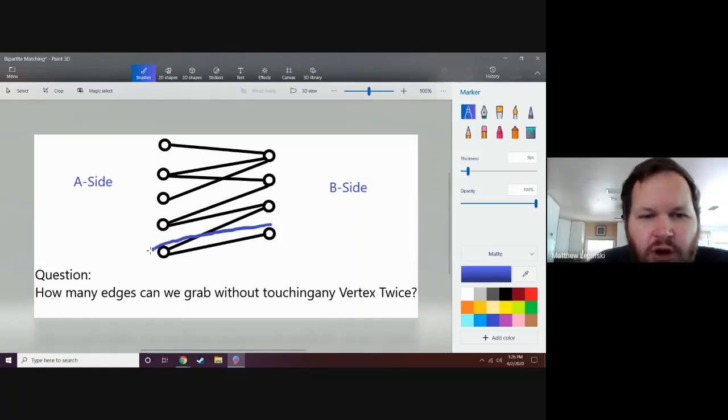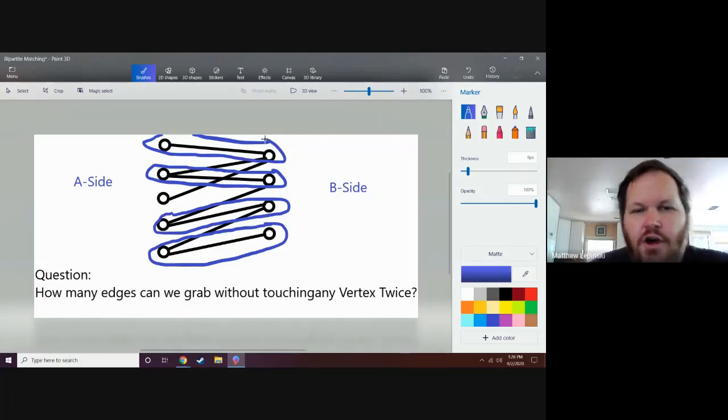So maybe I try matching these two this time, and then match these two, and then match these two, aha, and now I figured out a way to get 4. So there was a lot of trial and error in figuring out, given the way the edges line up, can I match 4, or am I only able to match 3? So does this problem make sense?